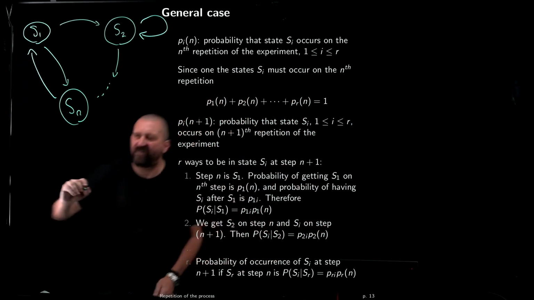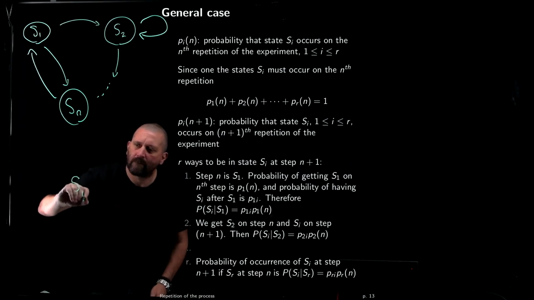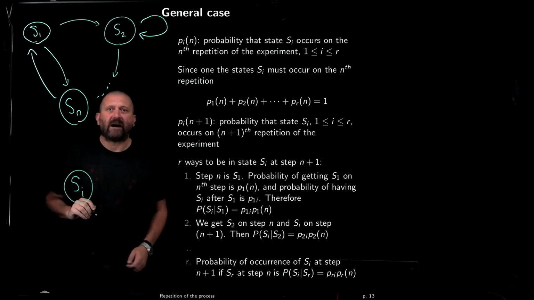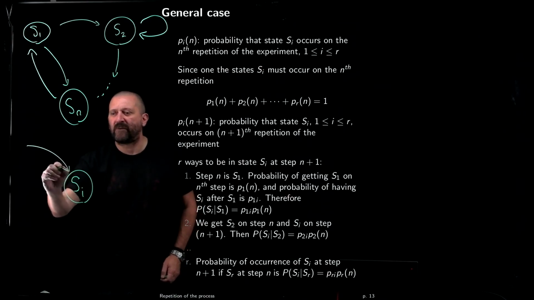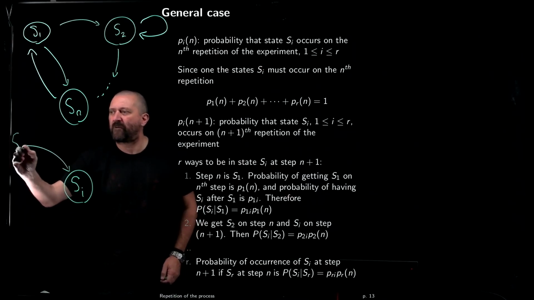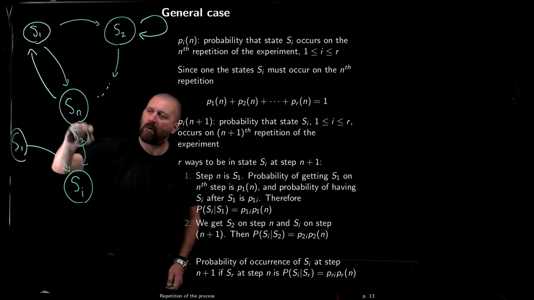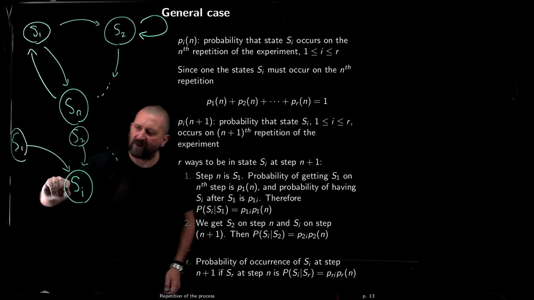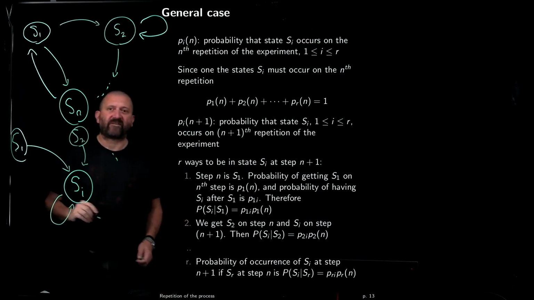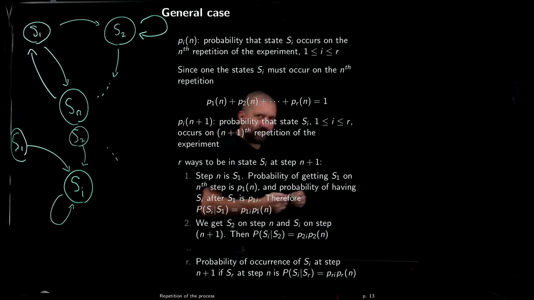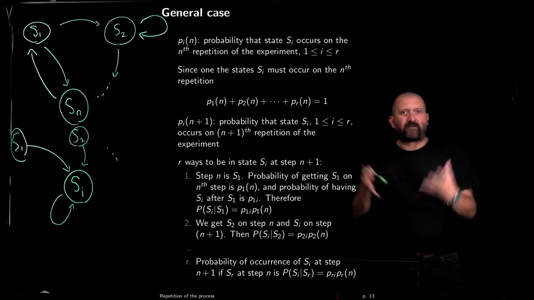So suppose this is state i. It can have come here from any of the other states. So it can come from S1, it could come from S2, and so on and so forth. It could actually also come from itself. But it has to come from somewhere.